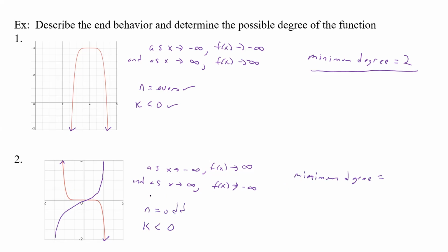Well, here it's an odd function, so the minimum degree has to be 3. It probably is going to be maybe a 7 or a 9 or something like that, being so flattened out. But we know it's going to be some degree that's odd, and so the lowest odd degree is 3. And so that's what we'll call this one for the minimum degree.